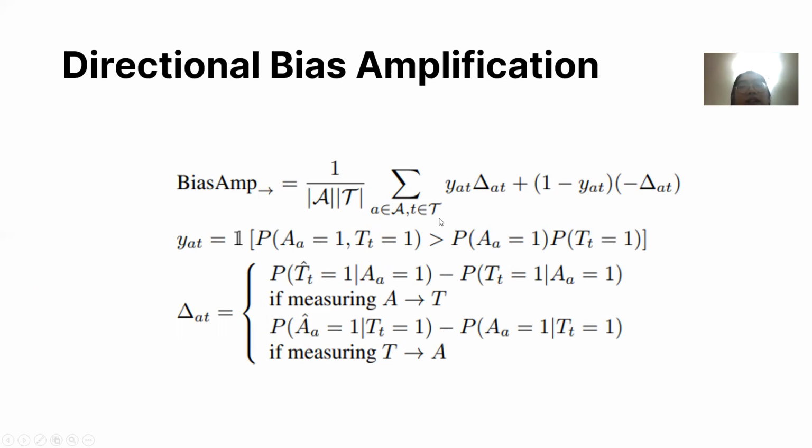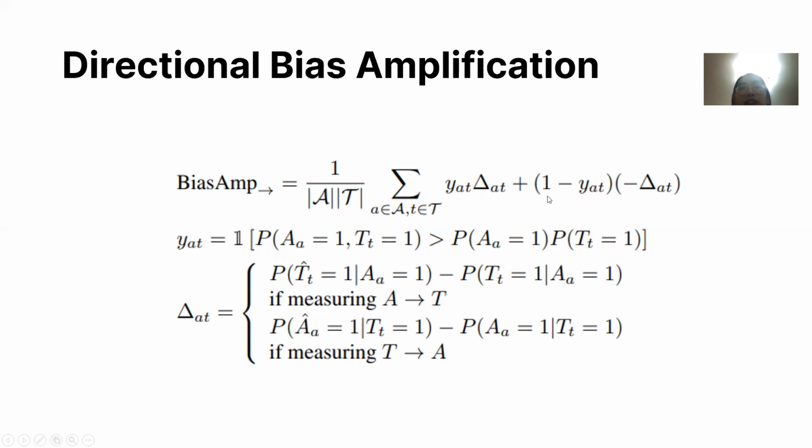At first glance, we can see that there is a 1 minus y term here, which is entangled with a negative delta term. In this summand, the authors considered the direction of each bias.